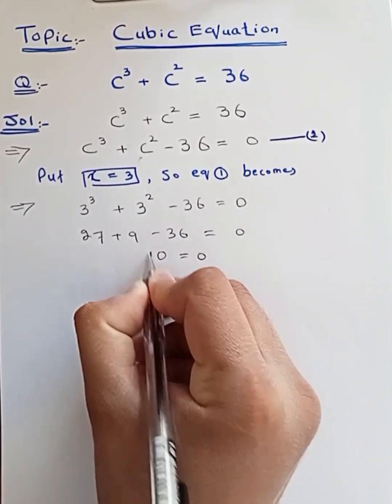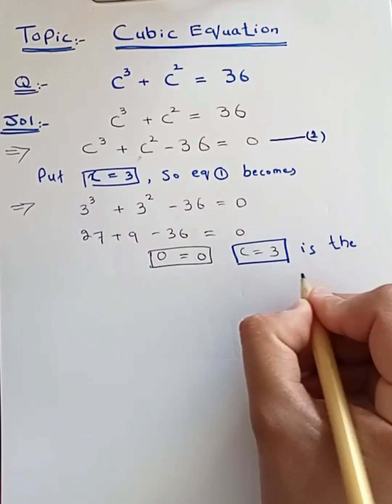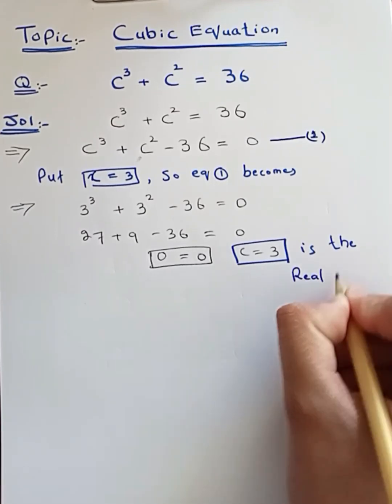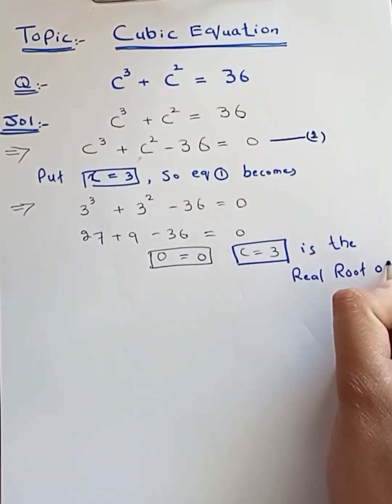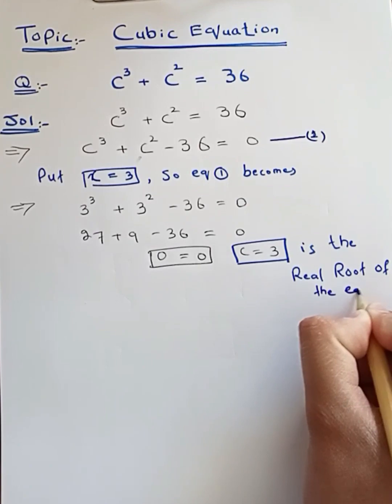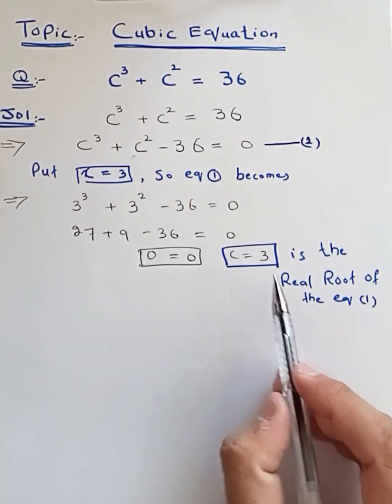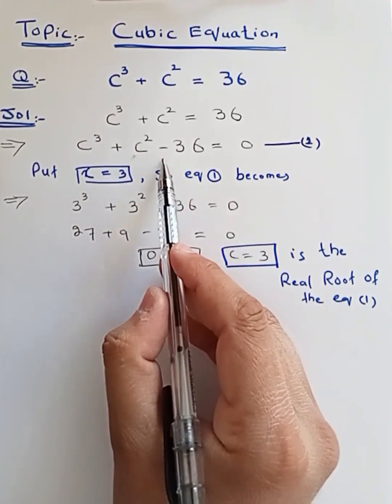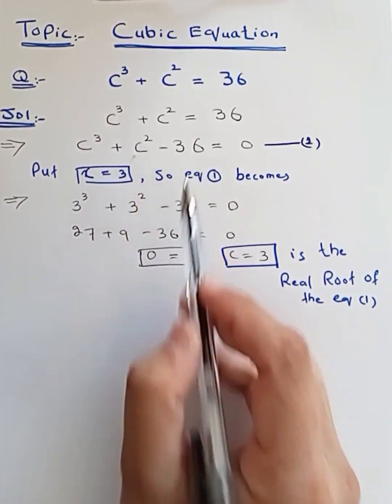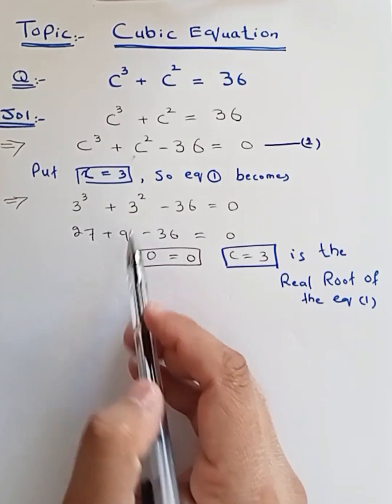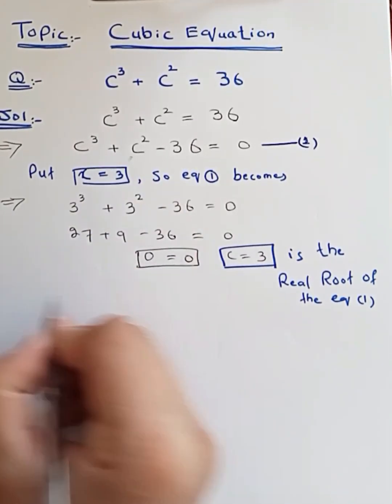So 0 is equal to 0. This means c is equal to 3 is the real root of this equation c cube plus c square minus 36, which satisfies the equation.